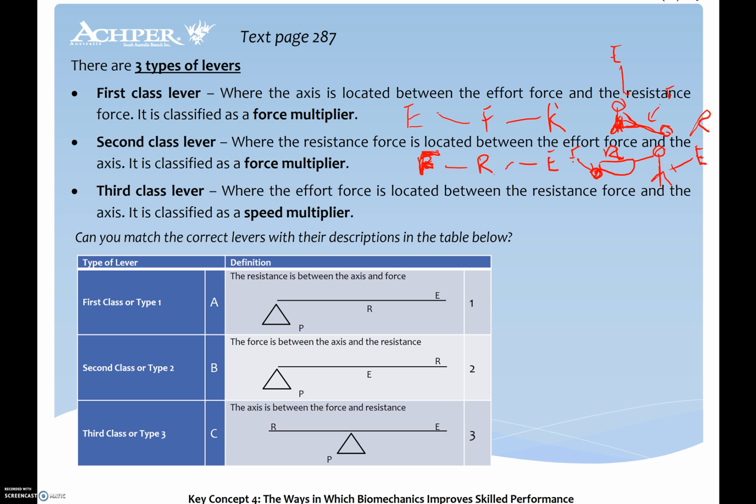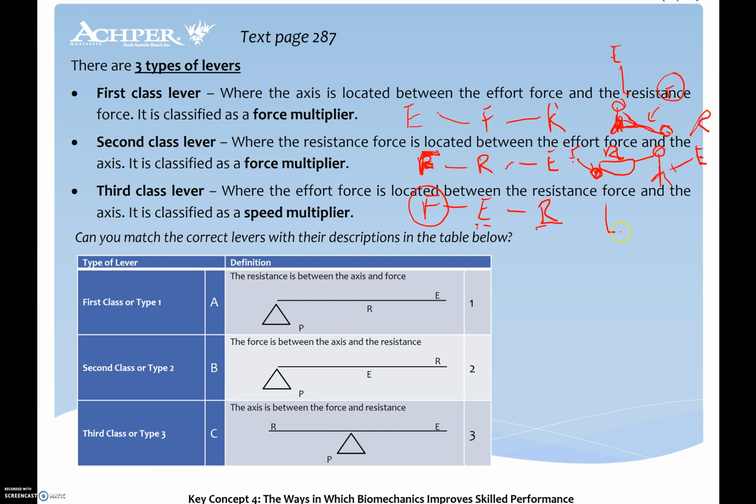Our first class levers are alright if they've got an external pivot point, and generally we have our third class levers with our internal fulcrum or axis point, which allows us to generate effort through our muscles, and then we have our resistance against that.